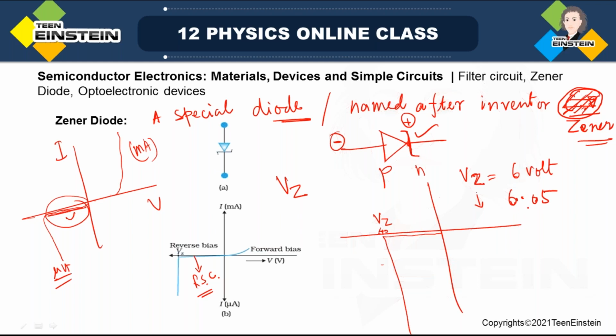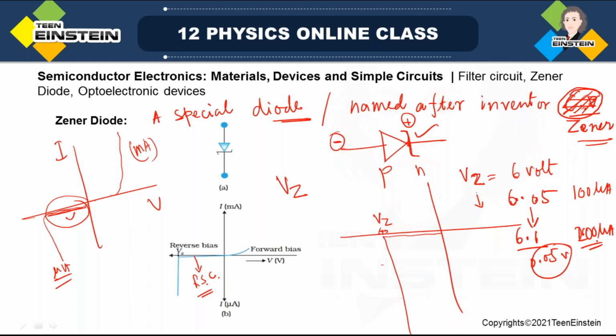If you change the voltage a little bit more, suppose 6.1, and suppose the current was here some 100 microampere, then maybe you will get 200 microampere current.